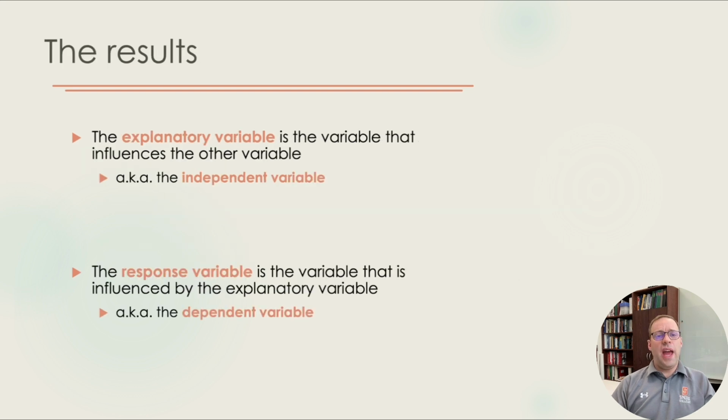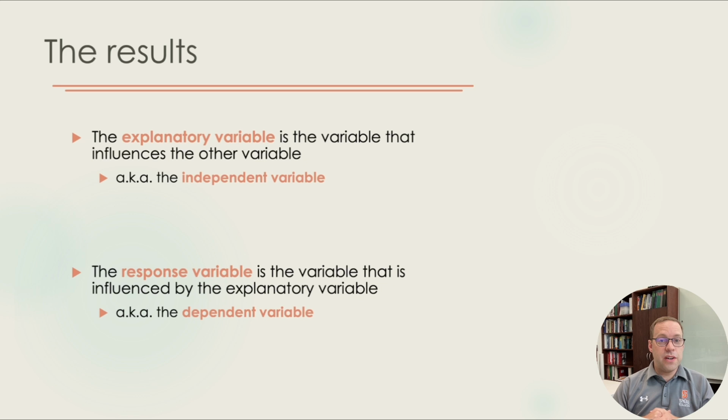All right, once you have the results, you're going to divide your different variables. Let me explain it this way. When you want to compare two variables to each other, for example, you're comparing the time of day to the number of people running the stop sign, then we're going to identify one of those as an explanatory variable and the other as a response variable.